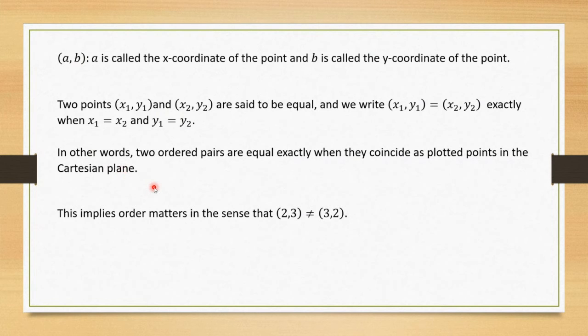An implication of this is that the order matters, because they're equal only when their corresponding x and y coordinates are equal, when they have the same x coordinate and the same y coordinate. So order does matter. It's not like with a set, like a solution set, where you can list the elements in any order you want. Here, order does make a difference.